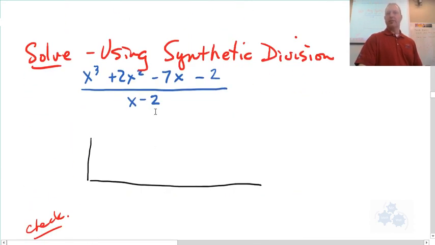Now, I understand you guys went through this example yesterday. Let's do it again. We'll go a little bit quicker this time, now that we've got some more practice with synthetic division. So for this one, you can rewrite this again if you want: x cubed plus 2x squared minus 7x minus 2, all divided by x minus 2.